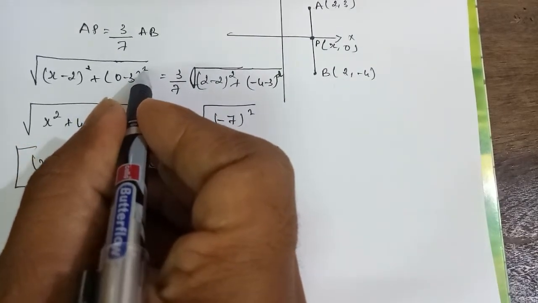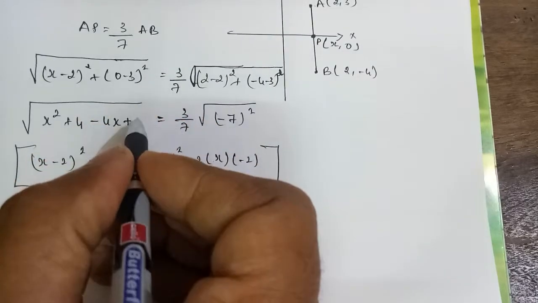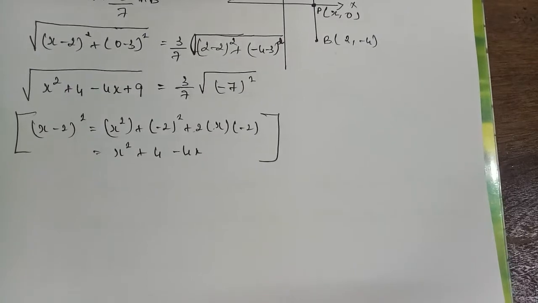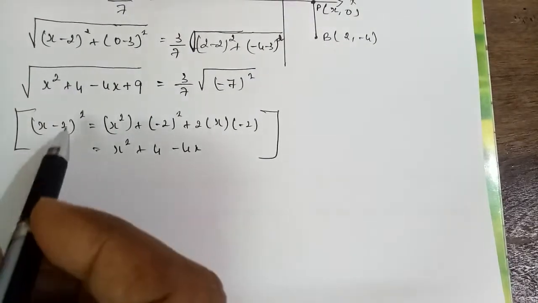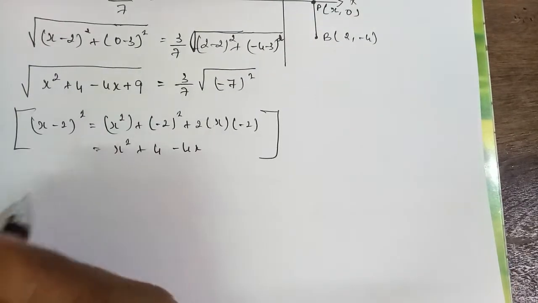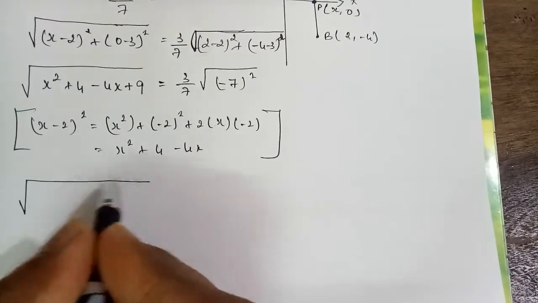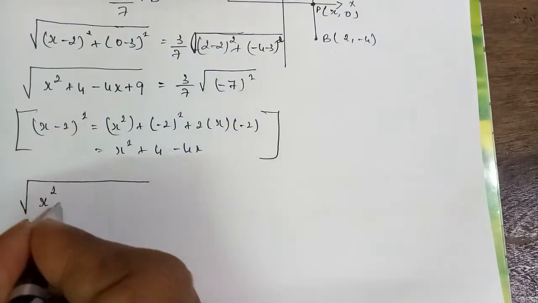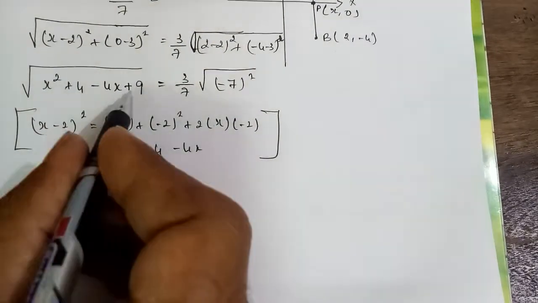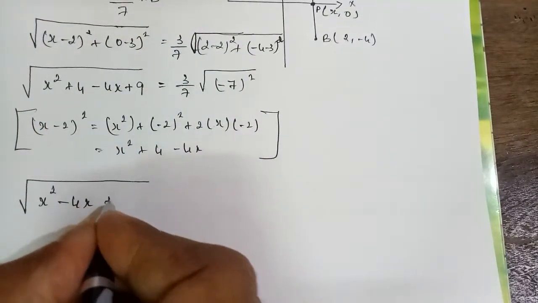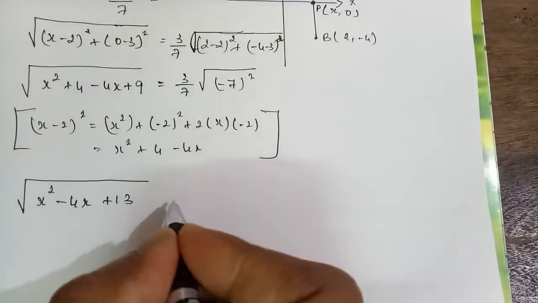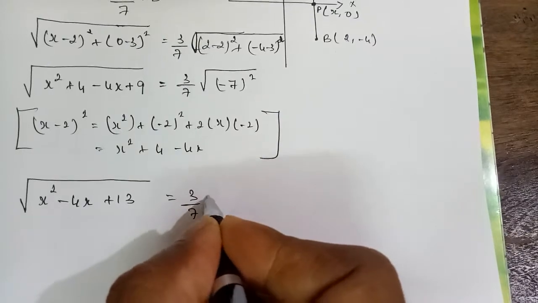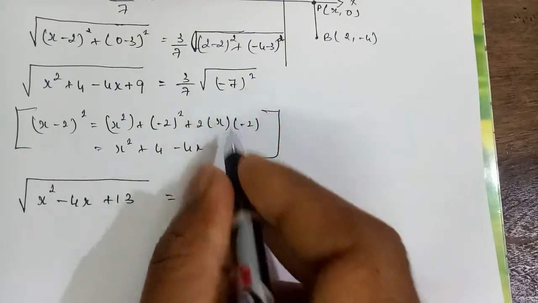Minus 3 square is, minus into minus is plus, 3 threes are 9. So we write 9 here. Now remaining, x square minus 4x. 9 plus 4 is 13. So we have plus 13, that is equal to 3 by 7 root of, minus 7 squared, 7 sevens are 49.